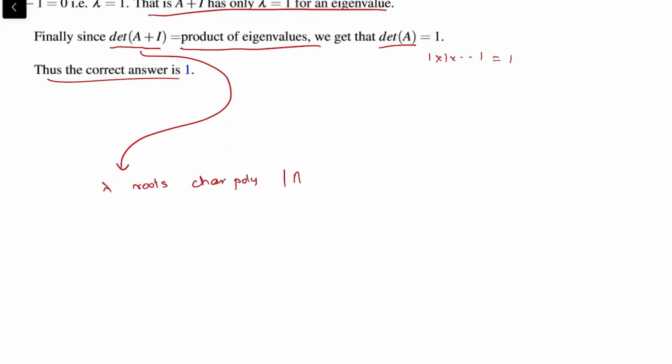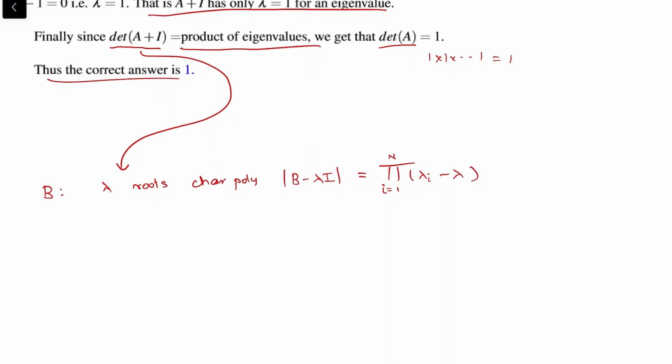For a square matrix B, if lambda is an eigenvalue, then the characteristic polynomial, the determinant of B minus lambda I, has the eigenvalues as its roots. So since they are the roots, this can be given as the product of (lambda i minus lambda) for i equal to 1 to n, where n is the side length of the square matrix B.